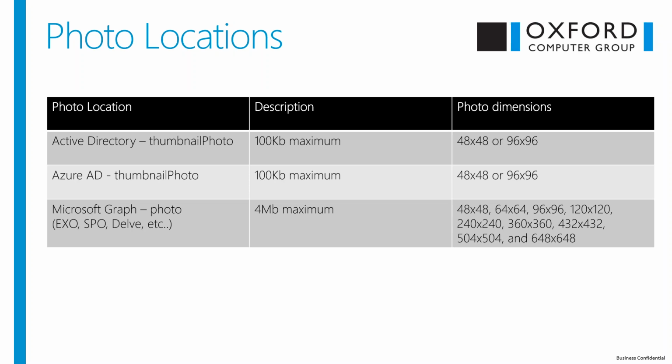But when you get down to the Microsoft Graph photo, which includes Exchange Online, SharePoint, and Delve, there's a 4 megabyte maximum, so you can put a much better high resolution photo in there. The photo dimensions you see are what's created by the Graph or Exchange Online when you upload it. If you upload a photo greater than 648 by 648, Exchange Online or Azure AD in the background takes that photo and makes all these different sizes that you see here, and those are used in different parts of Office 365.